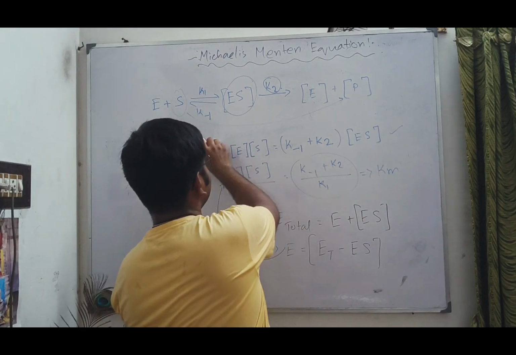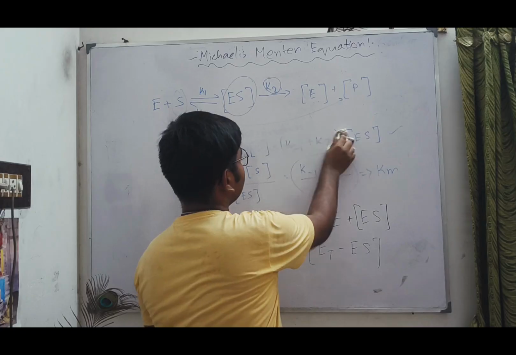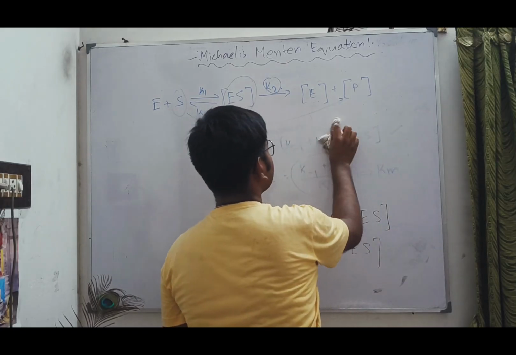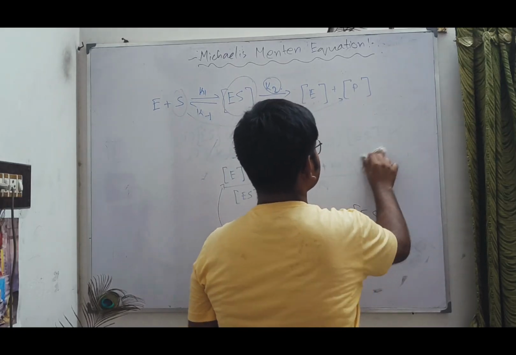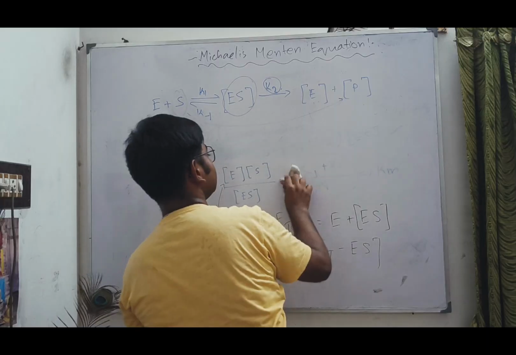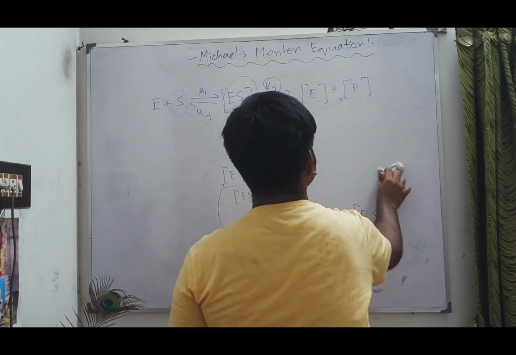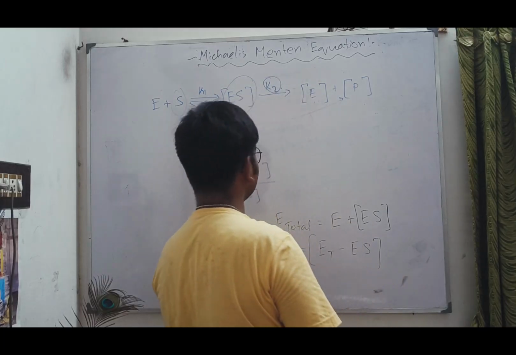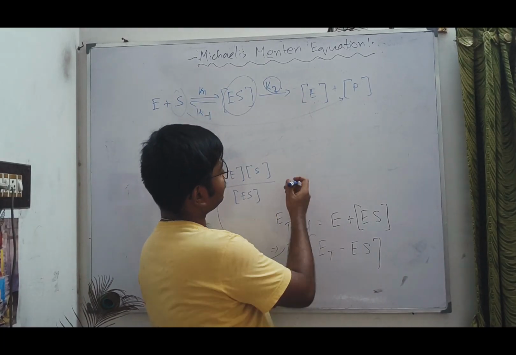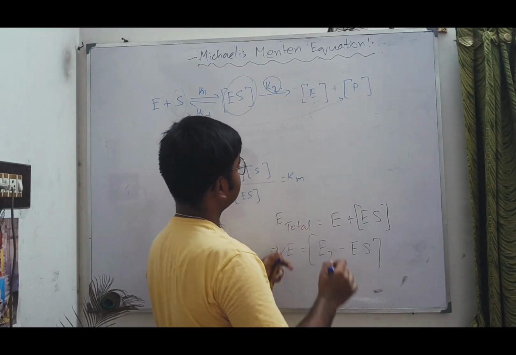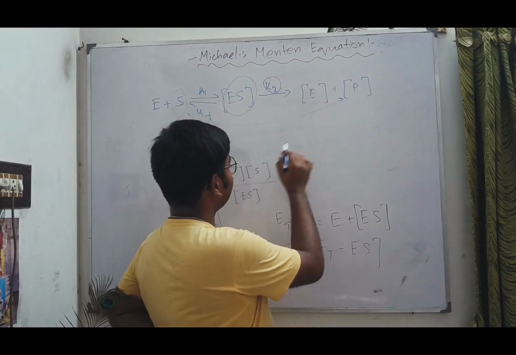So if I put the value here, then what will I get? Let me rub the board a little fast, the board is a little dirty right now. This was the meaning of Km. So what would be there?